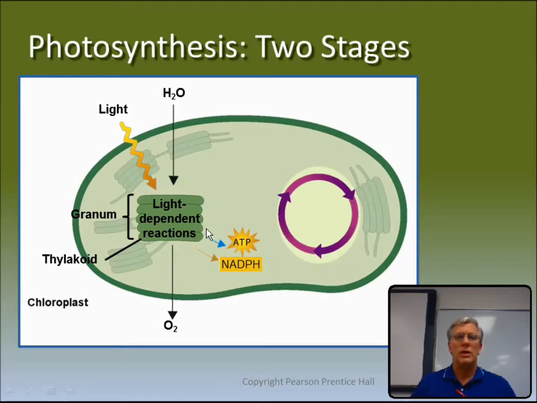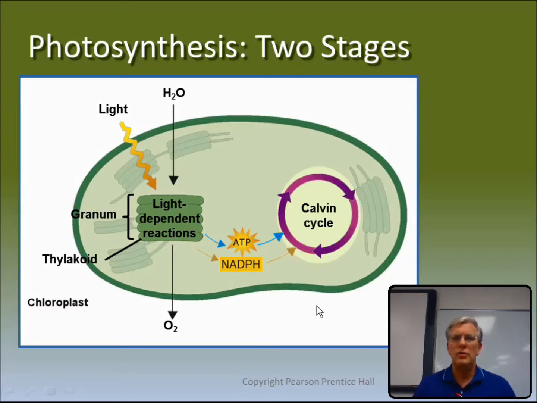And in the process also we're going to create some energy in the form of ATP. So the energy that drives the light-dependent reaction is light, and it creates some more energy in the form of ATP and NADPH, and that energy is going to be what's used to drive the second phase of photosynthesis, and that is called the Calvin cycle.